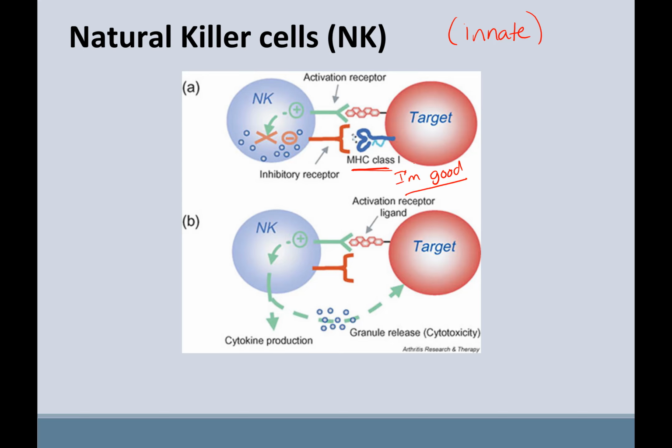So when the natural killer cell checks out another cell, it says, oh, you're a good cell, I'm going to leave you alone. When that MHC class 1 is not expressed, when it's not saying, hey, I'm self, leave me alone, then the natural killer cell says, it's time for you to die.